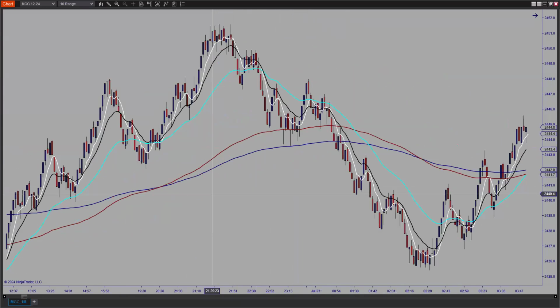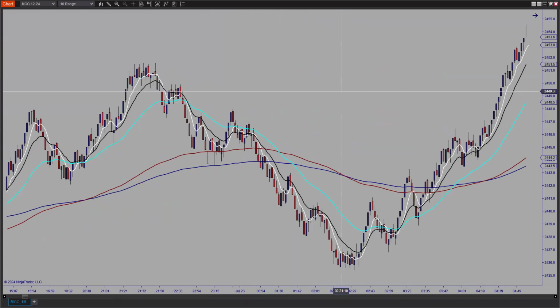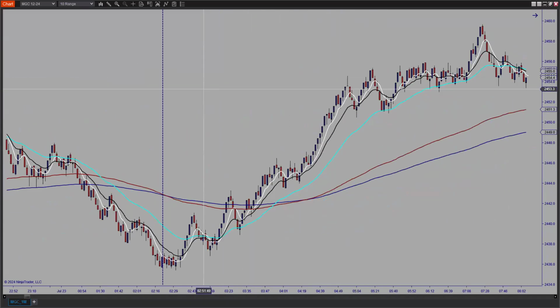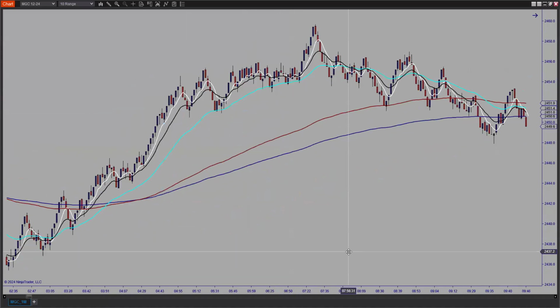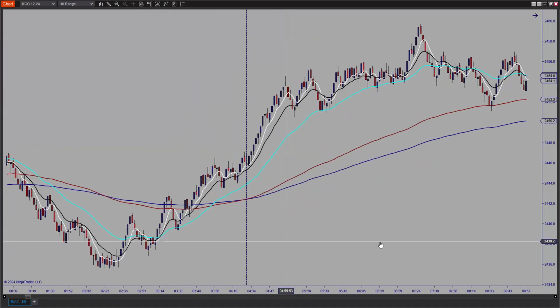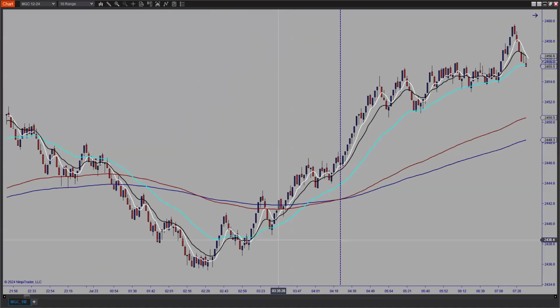Let's keep going. There's the next one. This is crossing down, and by the time it's already chopping through the other side in the middle of the night. So let's go to 8:30. We got another cross here, back up, and so we're looking down into the left.